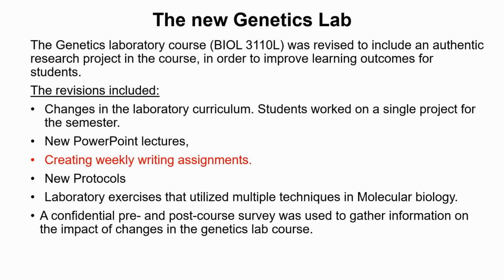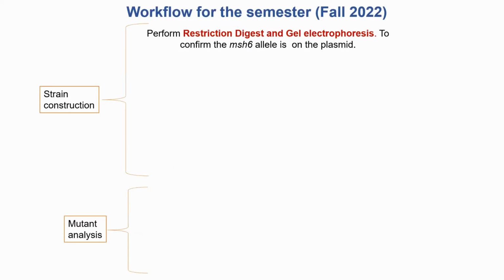We also wanted to assess the students' confidence in STEM. Again, the instructors are myself and Dr. DeFries. You don't have to be a biologist, it's okay if you don't understand all of this. The course starts with making the strain that the students are going to work in.